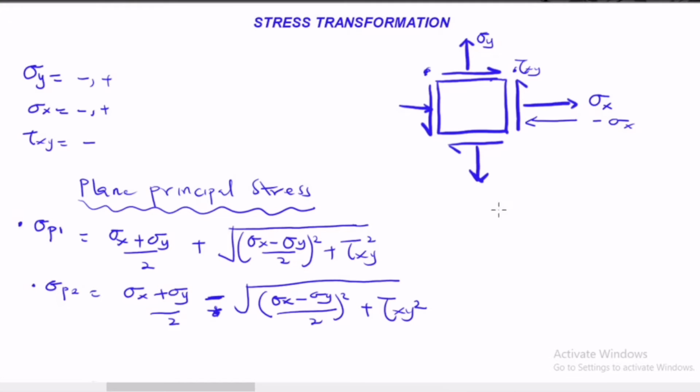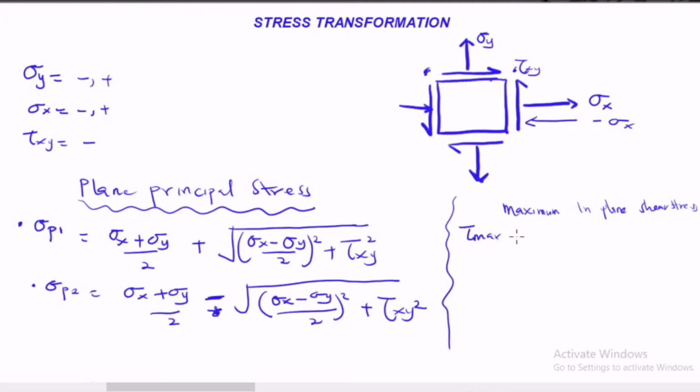And then the next one I'm going to talk about is the maximum in plane shear stress. The symbol is tau maximum.